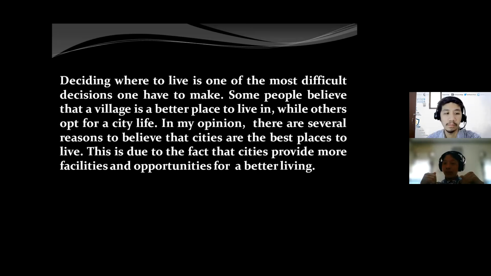Again, for the third sentence afterward, I go wider, I go general. In my opinion, there are several reasons to believe that cities are the best places to live. This is my topic sentence, my thesis statement. My opinion, my thesis statement here, is clear.